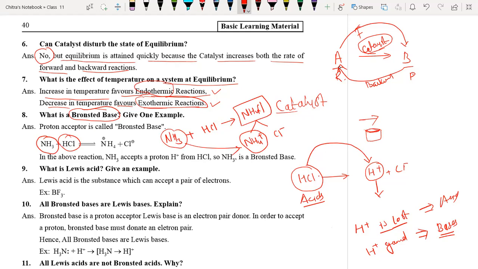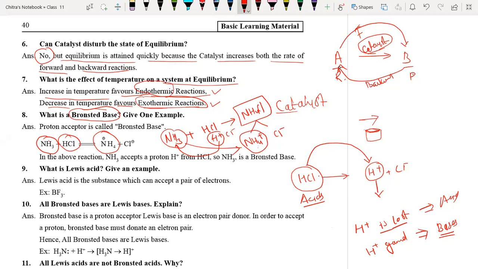Yes, sir. And here, when HCl dissolves in water, it forms H positive and Cl negative. That H positive ion attacks nitrogen to form NH4 positive ion. So in ammonium chloride, ammonia accepts hydrogen positive ion. That's why it is called a base, and that theory is given by Bronsted.